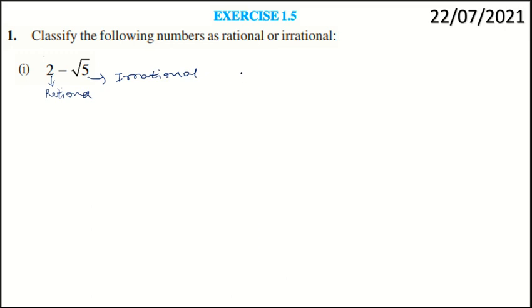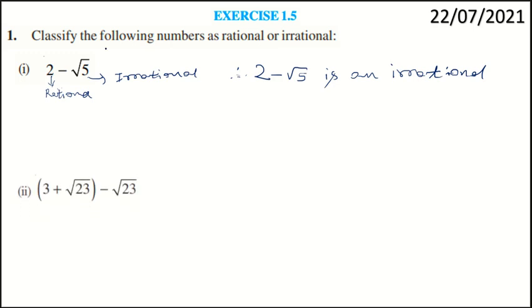So we know that principle. With that, ultimately we say 2 minus root 5 is an irrational number. So this is the summary: any operation between one rational and another irrational results in an irrational number.